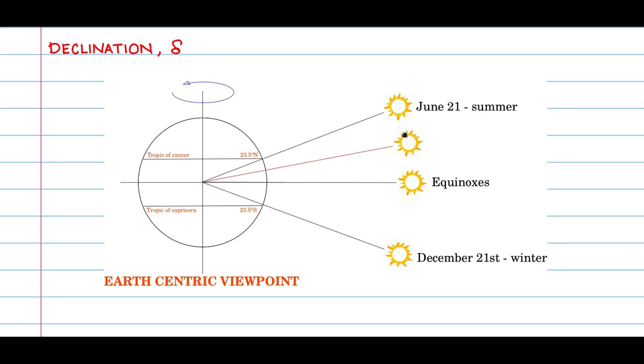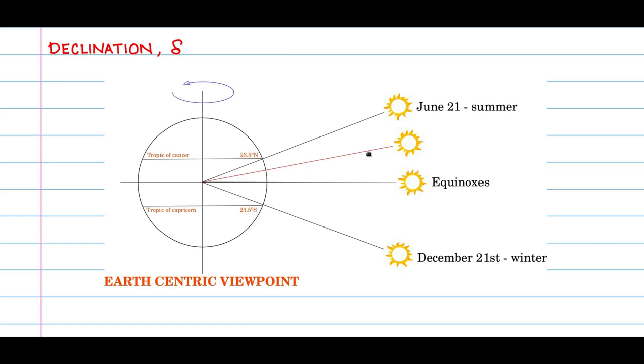And then as the sun swings to the winter solstice point, it intersects the latitude Tropic of Capricorn, which is 23.5 degrees south. And it is the equinoxes here during March 21st and September 21st.